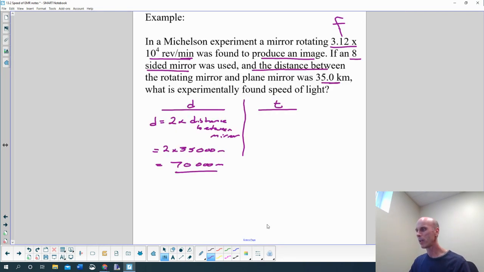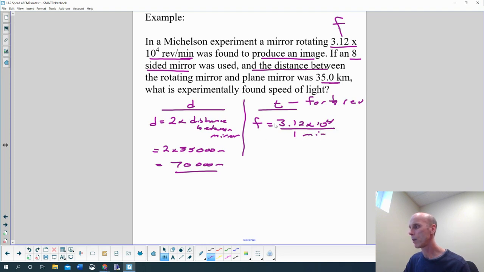Now, the hard part: what's the time? Remember, the time we're looking for, never lose sight of this, is for 1/8 of a revolution. So it might be useful to write that at the top. So given the frequency, which is 3.12 times 10 to the fourth revolutions or cycles per minute, we need to turn that into a period and eventually into a time.